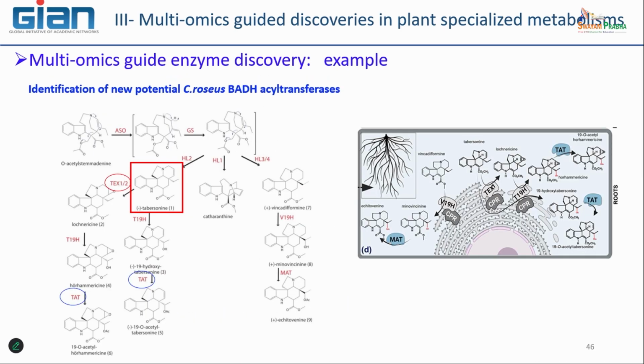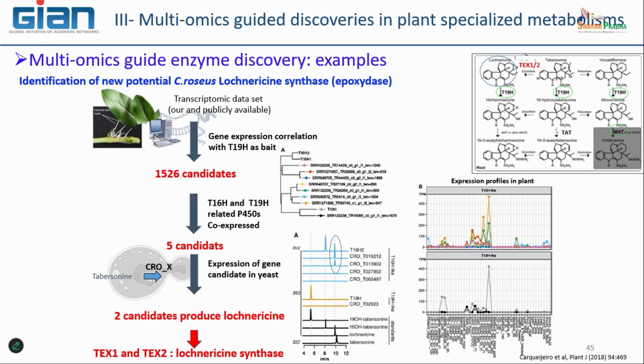Well, so now we have completely finalized this part of the metabolic pathway, and you can see here that tabersonin that comes from leaf can be taken in charge directly by this TEX1 or TEX2, depending on which isoenzyme we have.